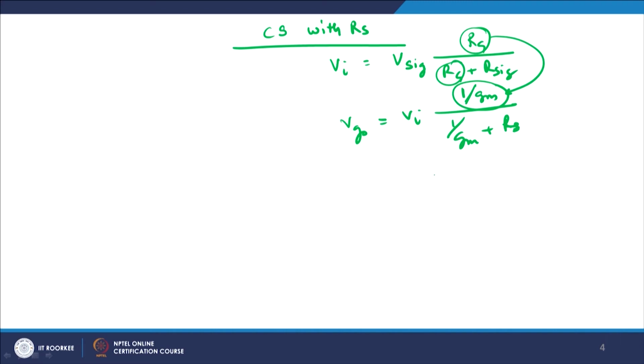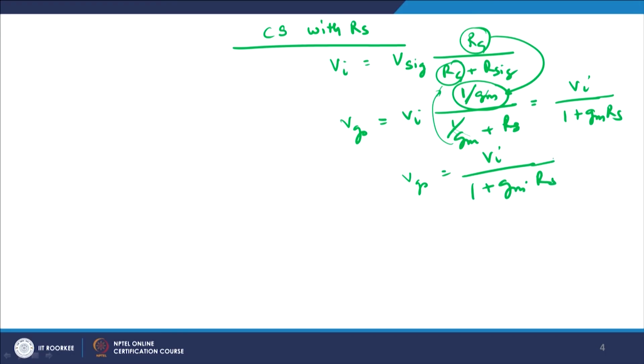Now this could be written as Vi upon 1 plus Gm times Rs, because if you cross multiply this will be 1 plus Gm Rs, this Gm will go in the numerator, and this Gm will cancel with this Gm and you will remain with this. So I get Vgs equals Vi upon 1 plus Gm times Rs, right.